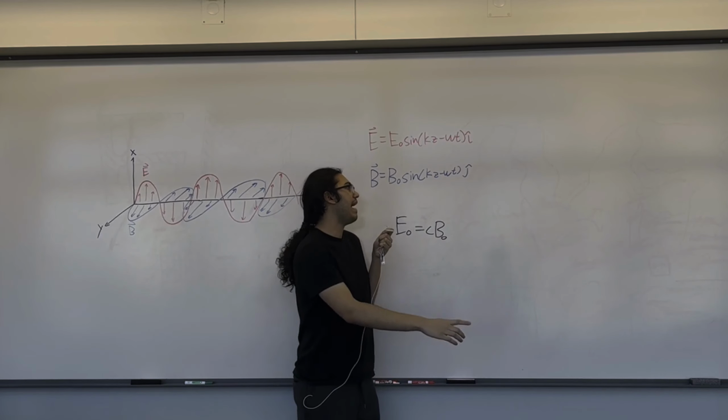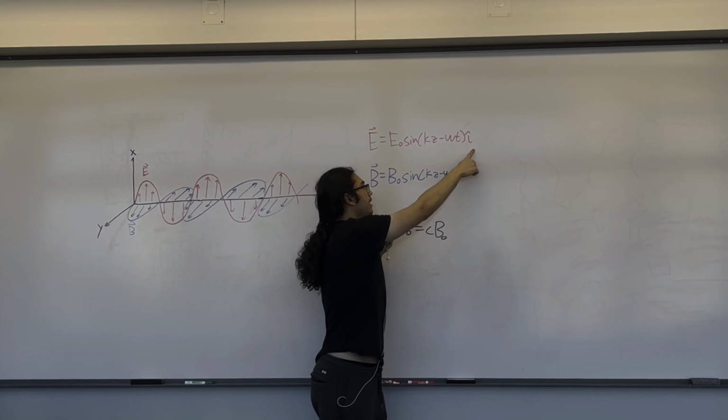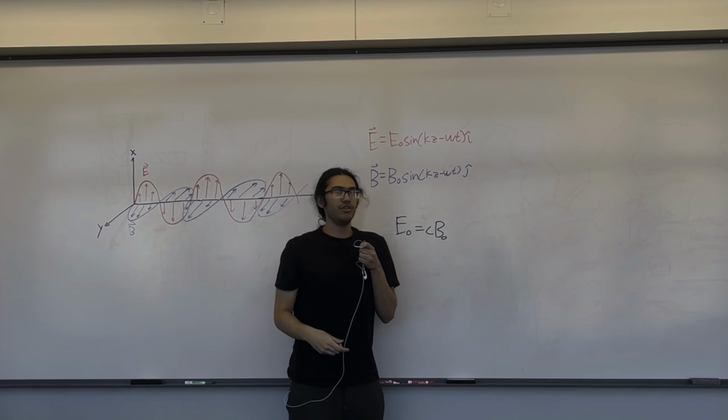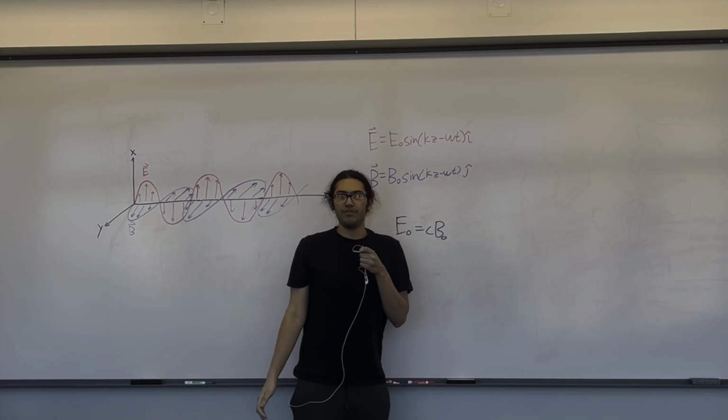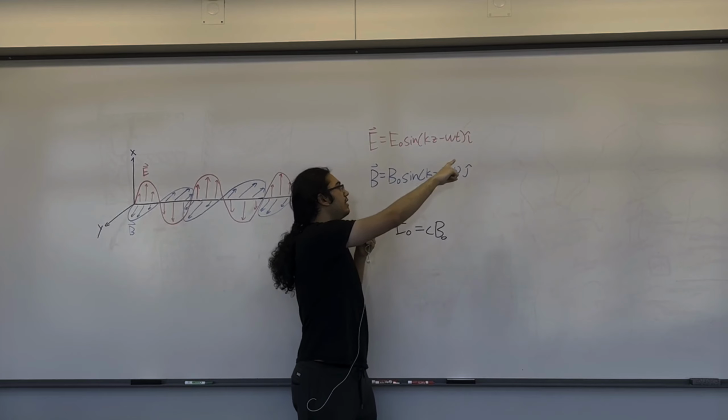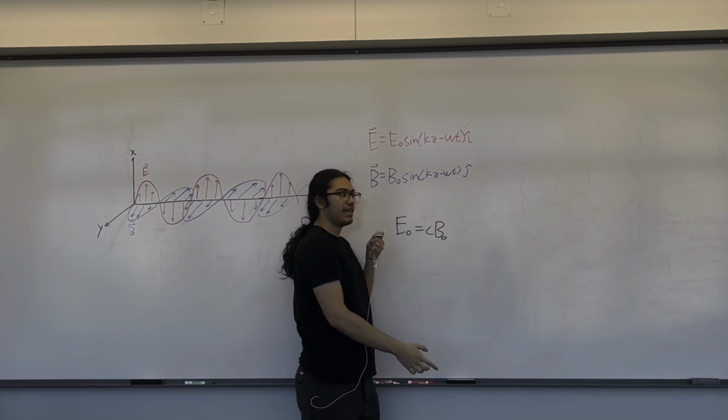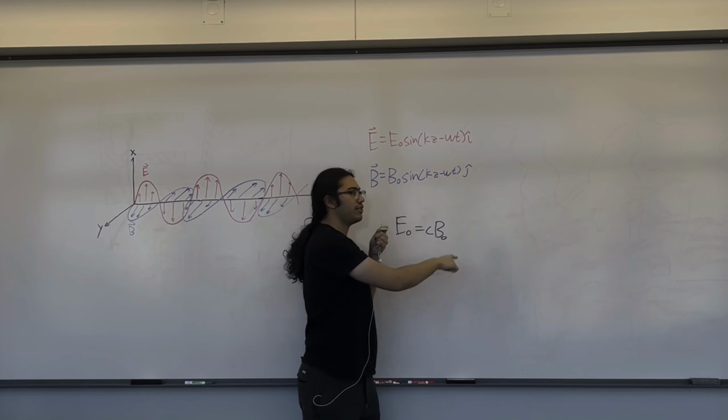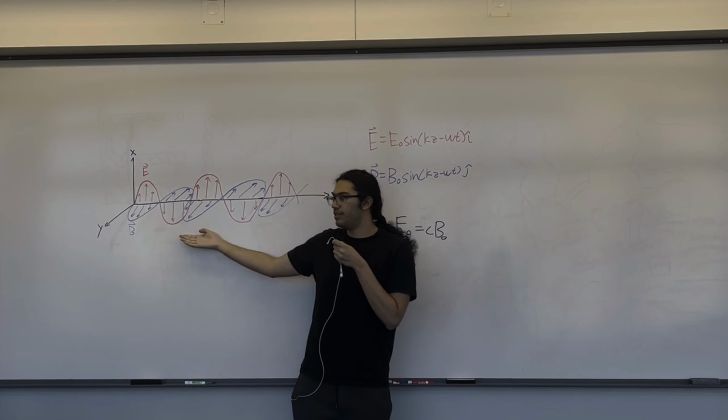And then finally, we have the vector directions. This tells you the direction of oscillation of your waves. So we have E oscillating in the i-hat direction, or the x-axis, and B oscillating in the j-hat direction, or the y-axis, which we can see right here.